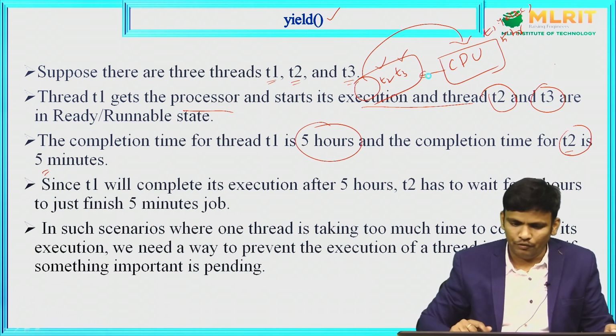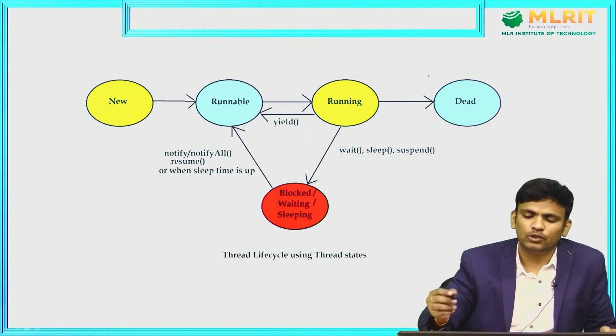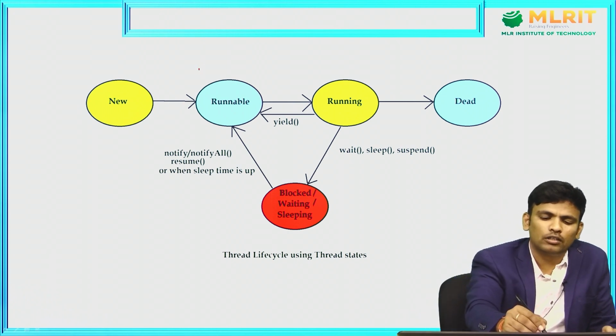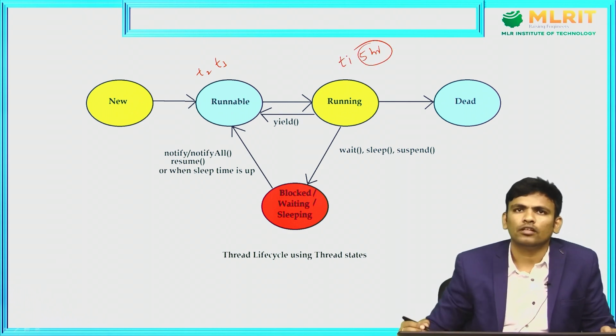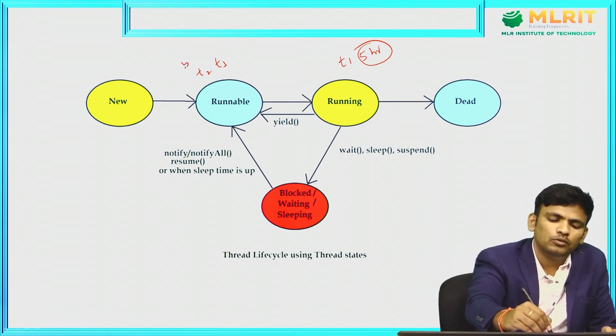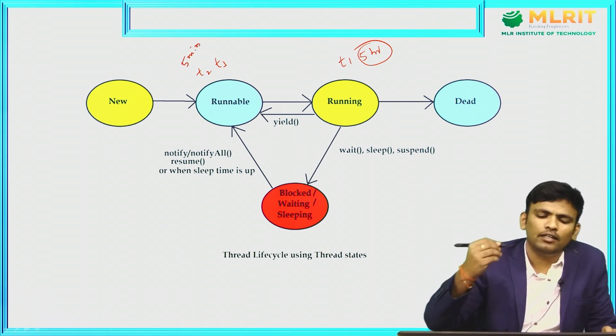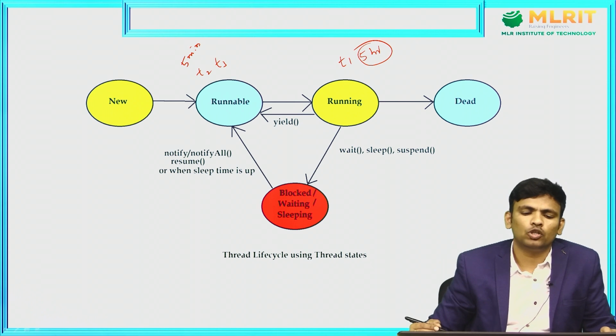If you observe this diagram, T2 and T3 are in the waiting state and T1 is executing for 5 hours. T2's job would be done within 5 minutes, but T1 is executing on the CPU for 5 hours.